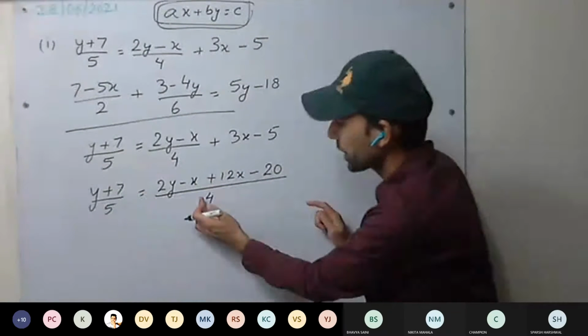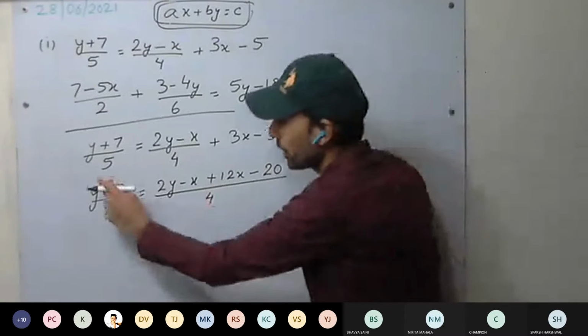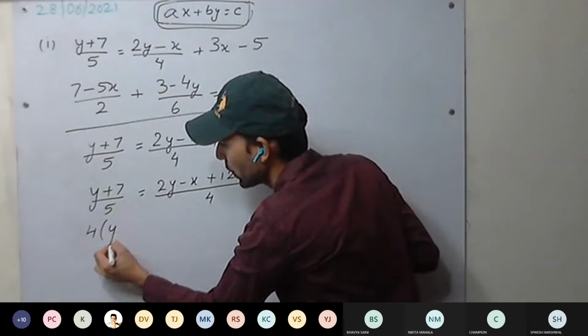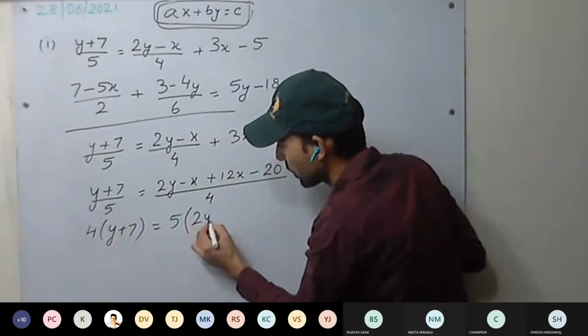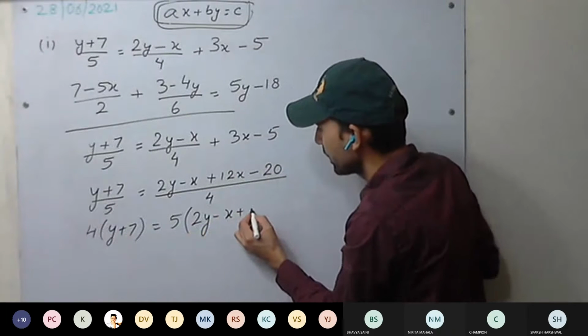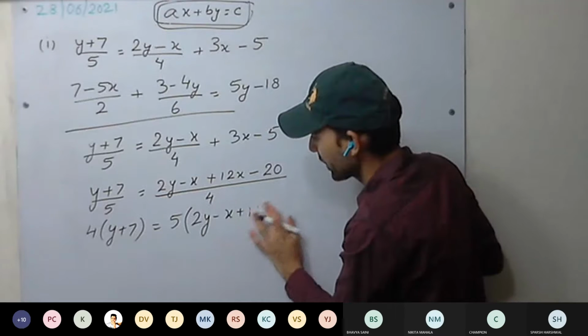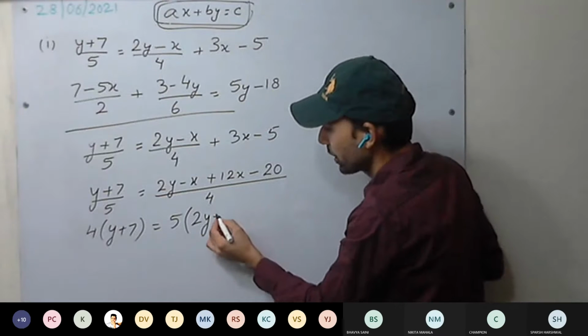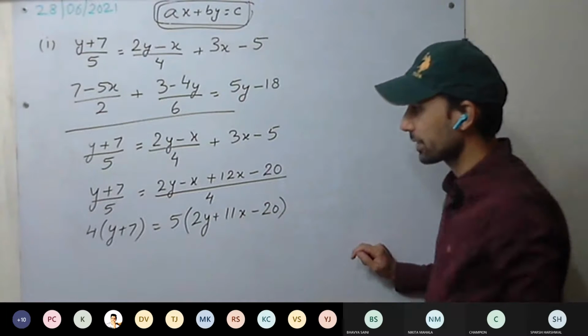Now we can cross multiply. So 4 into (y plus 7) equal to 5 into (2y minus x) plus 12x. We can solve it here first, it will be plus 11x minus 20. Is this clear?